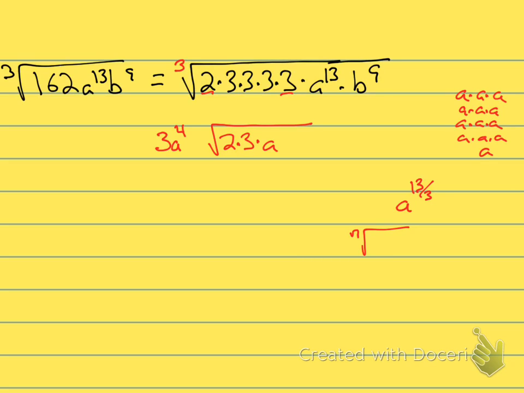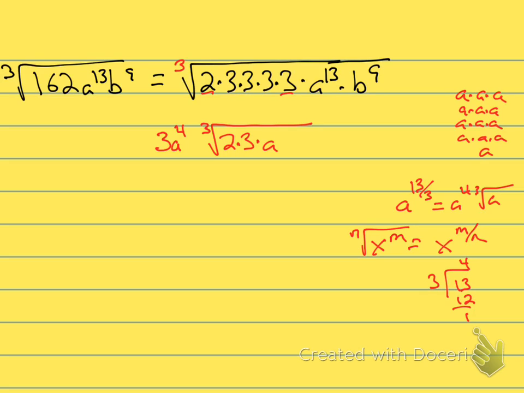That's using the rule for exponents that the nth root of x to the m equals x to the m over n. When you divide 13 by 3, you get 4 with a remainder of 1. That's how we know the answer would be a to the 4th with an a left over when it's a cube root.